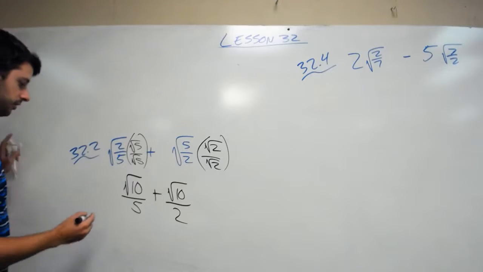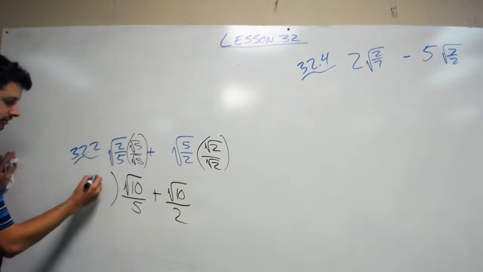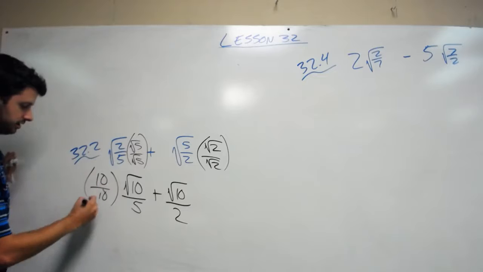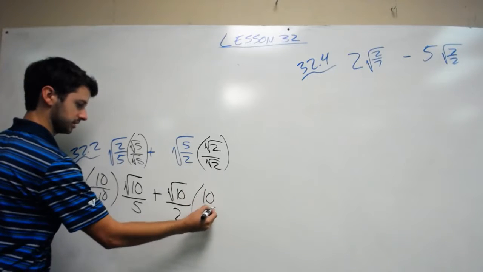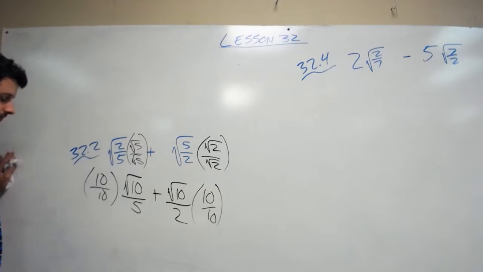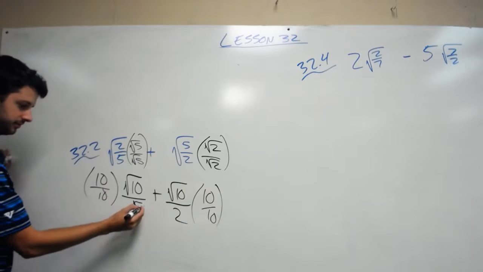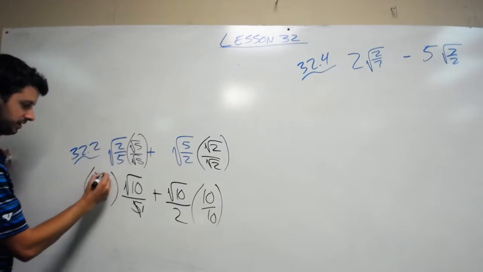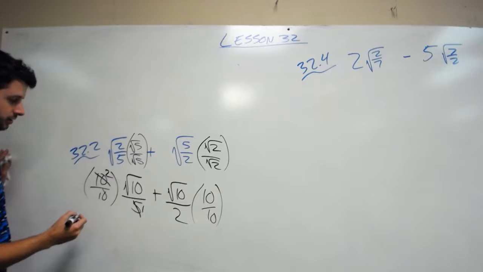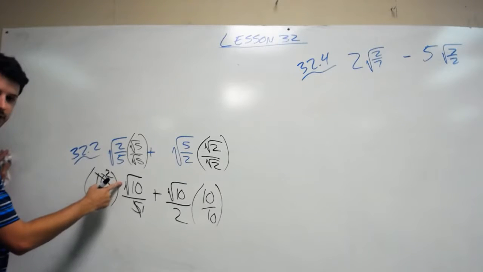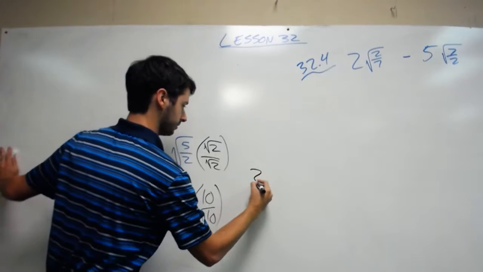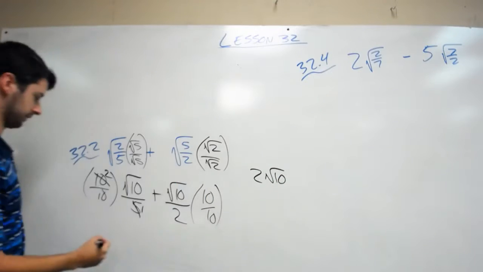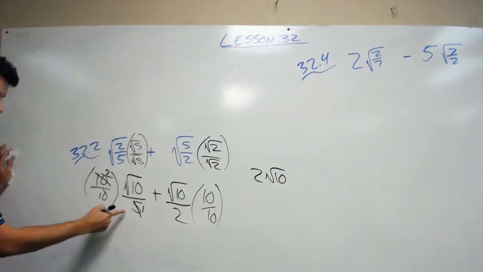So what we can do is multiply by 10 over 10 here, and multiply by 10 over 10 here. The 5 crosses out and becomes a 1. This 10 becomes a 2. So that would equal 2 radical 10 over 10, because 10 times 1 would be 10.